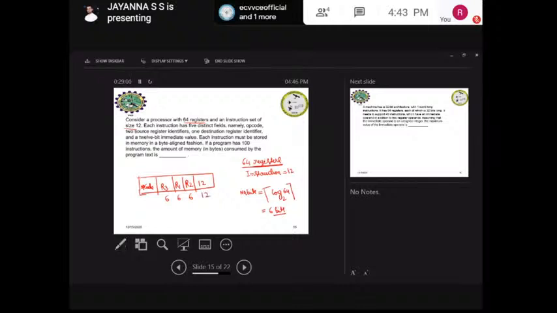Next, for the opcode, how many bits do we require?